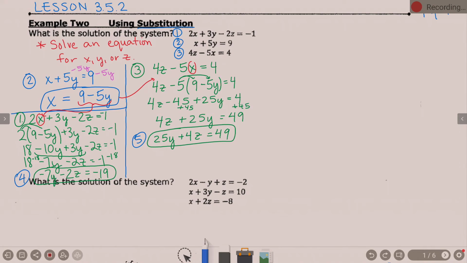If you're not liking the substitution stuff, good news. The rest of the problem, I don't actually continue with substitution. I'm going back to my elimination methods. Okay, so let me, trying to stay organized here, write 4 and 5 on top of each other so you can see what they look like. So equation 4 is what?